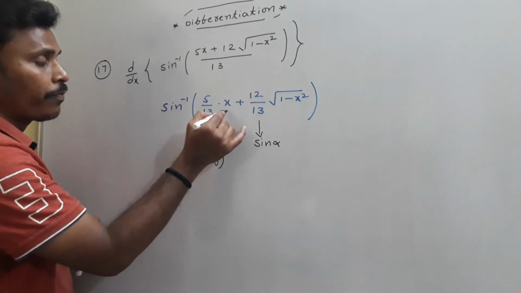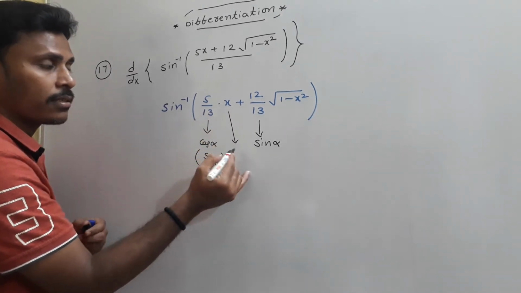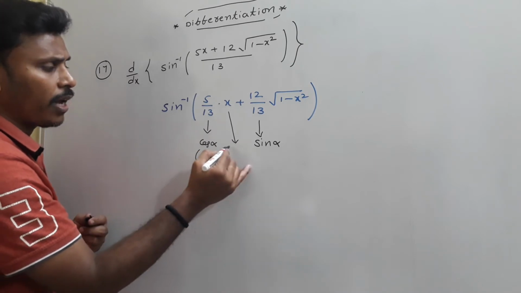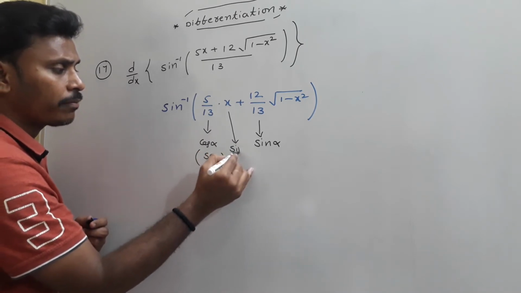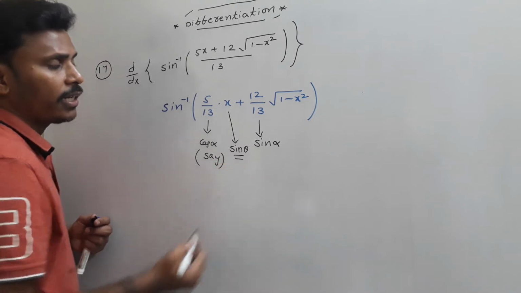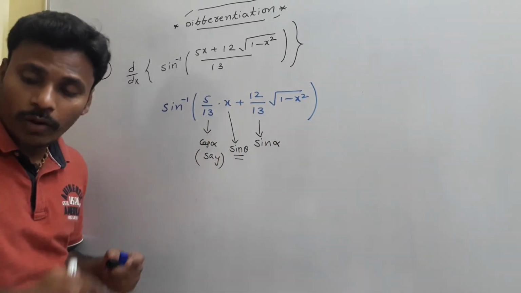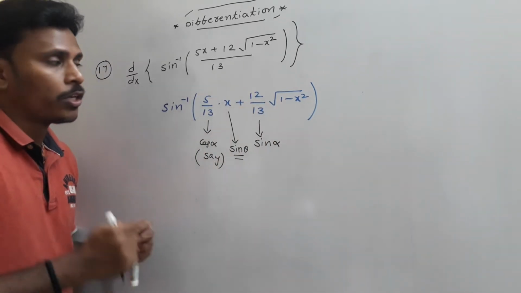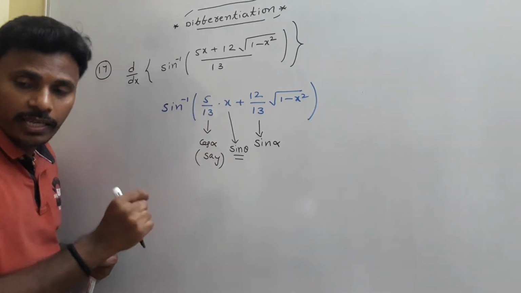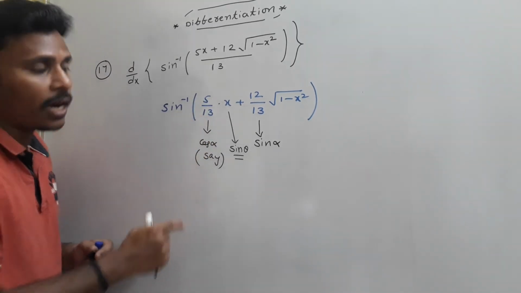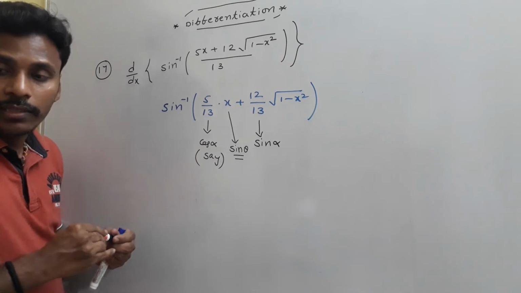And in the same way, you just take x as some sin theta. If x is sin theta, then root 1 minus x square will become what? Cos theta. So to simplify this, I am just taking x as sin theta and 5 by 13 as cos alpha.